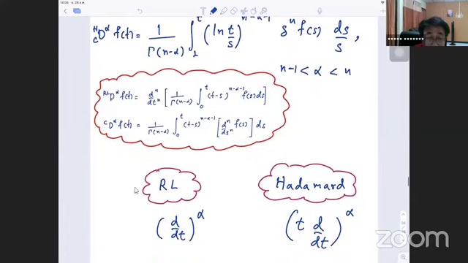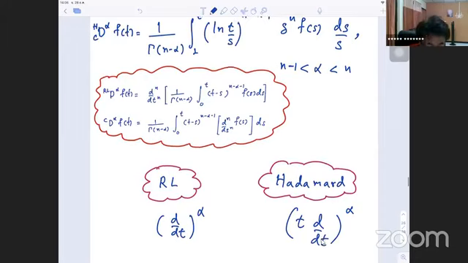So the Riemann-Liouville fractional derivative is just like this, the usual derivative d by dt, but the Hadamard fractional derivative is just like t d by dt, which is different. Okay.